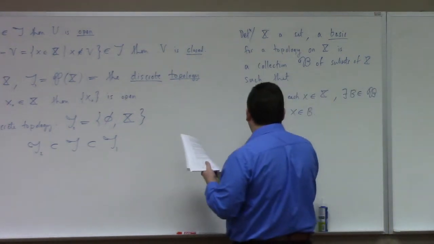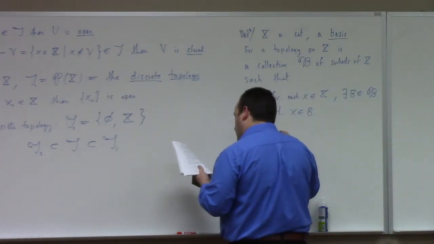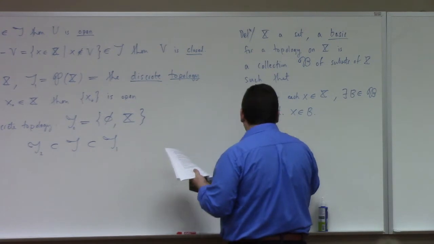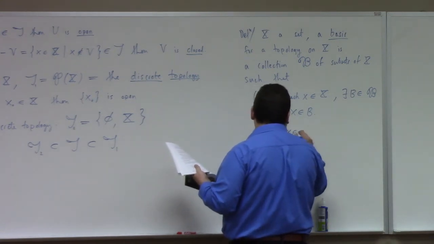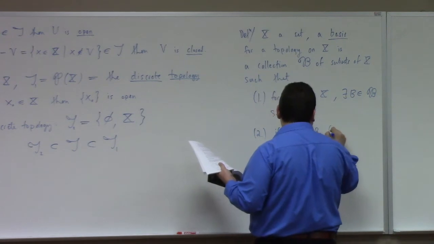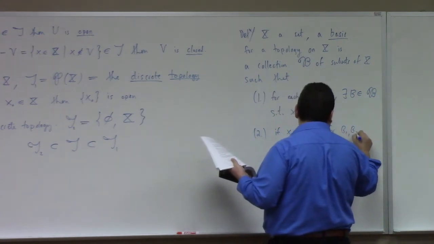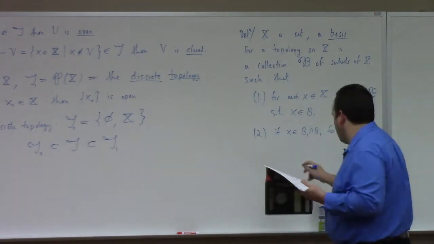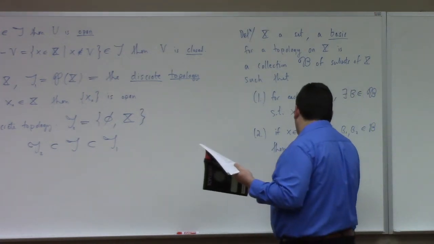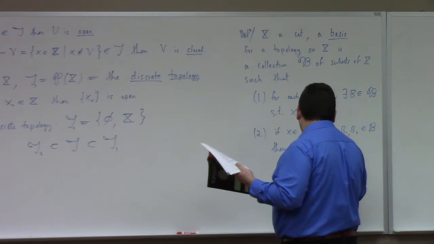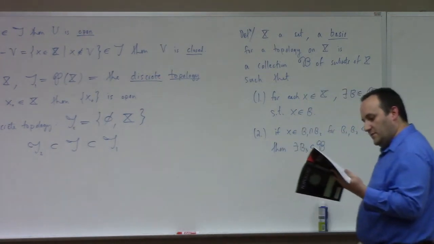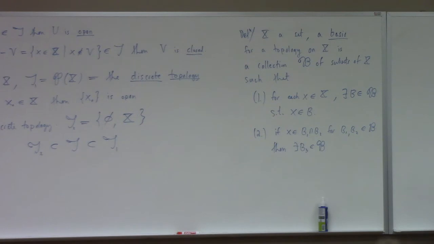And number two, a slightly more technical condition: if x is an element of, say, B1 intersect B2, for B1, B2 in the basis, then there exists B3 in the basis, right? And what is the deal with B3? Ah!